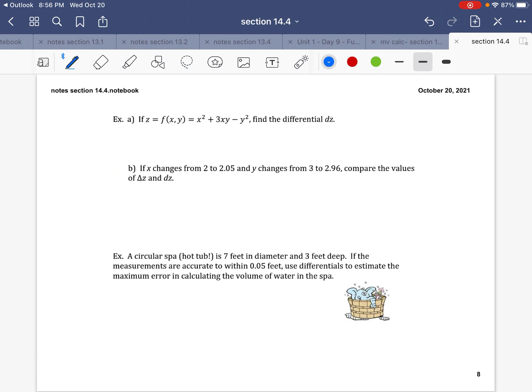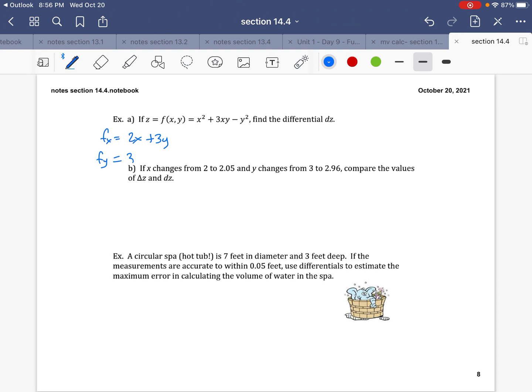So here we go. In this example, you have your function, find the differential dz. So to find that, we of course need fx, we need fy. And fx is going to be 2x. The 3xy, the derivative with respect to x will be 3y. And the derivative with respect to x of the y squared is just going to be nothing. For fy, the x squared is nothing.